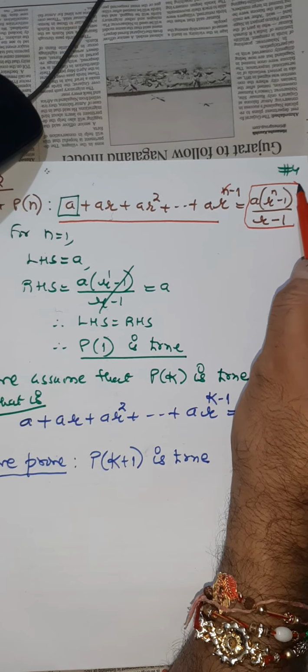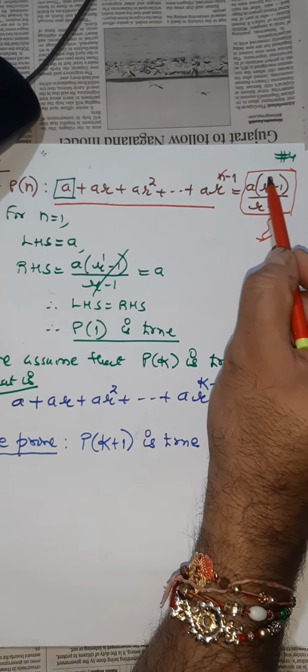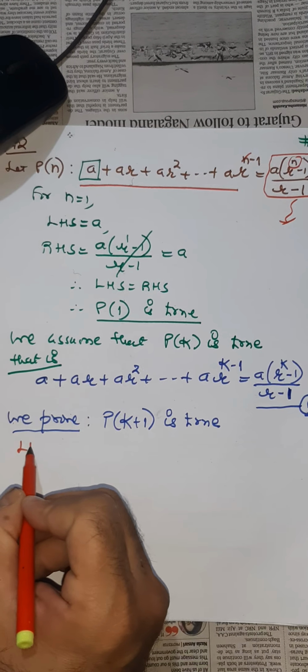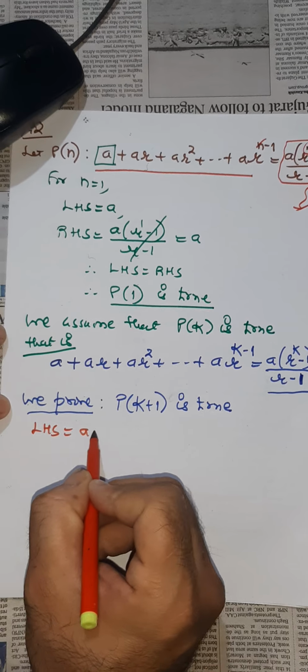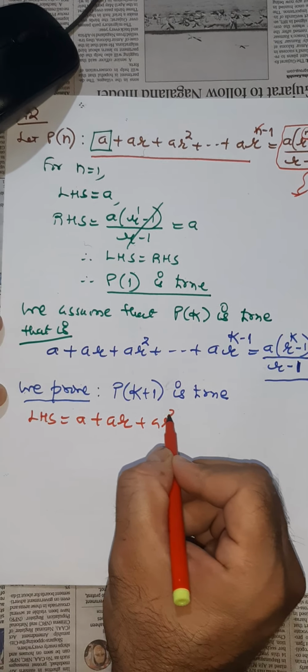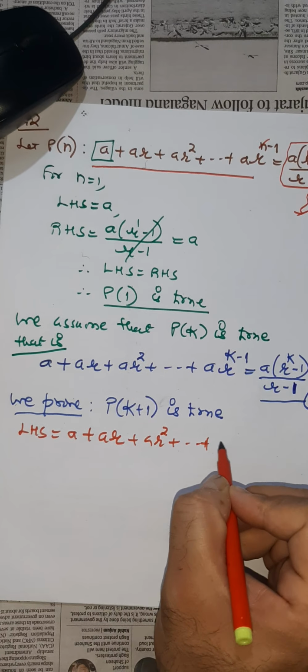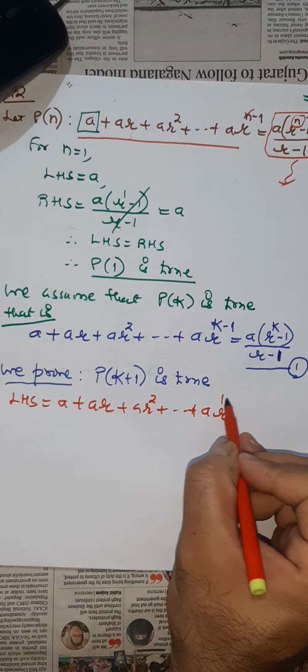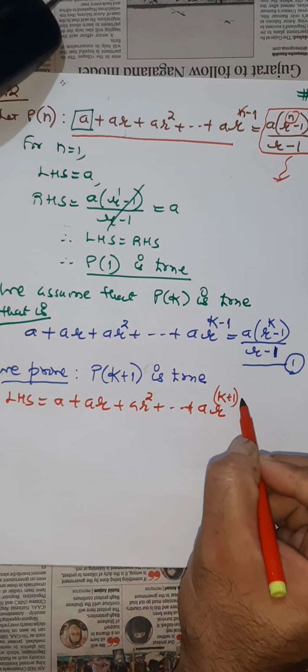So, I'm writing LHS. What is LHS? A plus ar plus ar square, and so on, a into r raised to k plus 1 minus 1, remember.